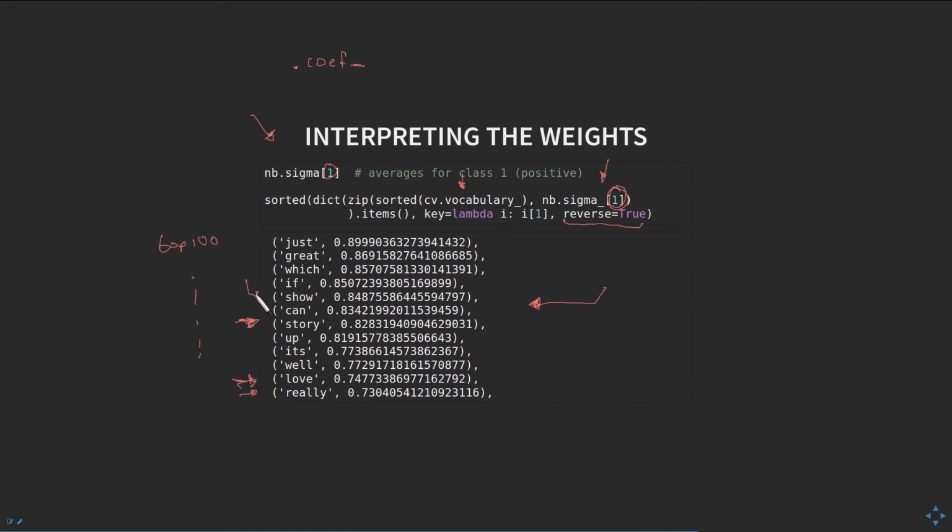Show, which is probably something also common for movie reviews, so it doesn't necessarily bear some informative value, but at least you can see as well. Great, just great, all these kind of words that we associate as being positive, so those also have high probabilities amongst the stop words.